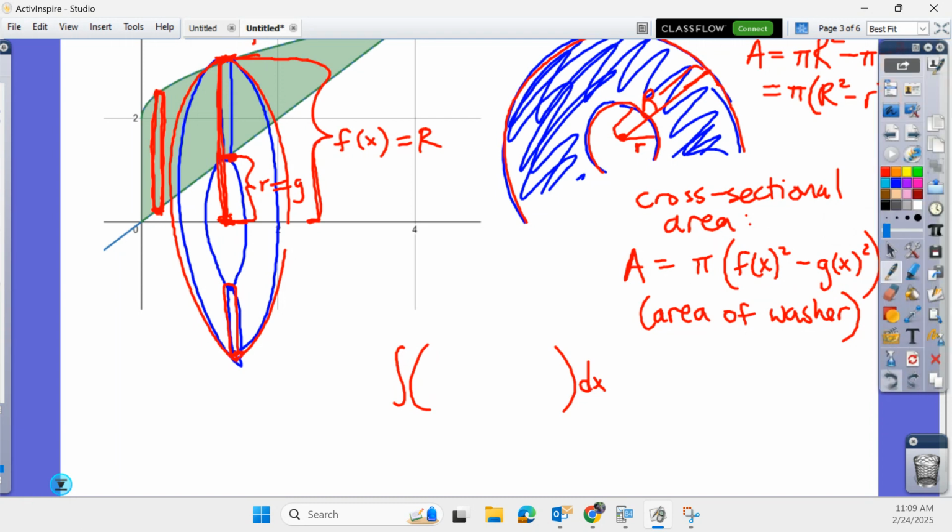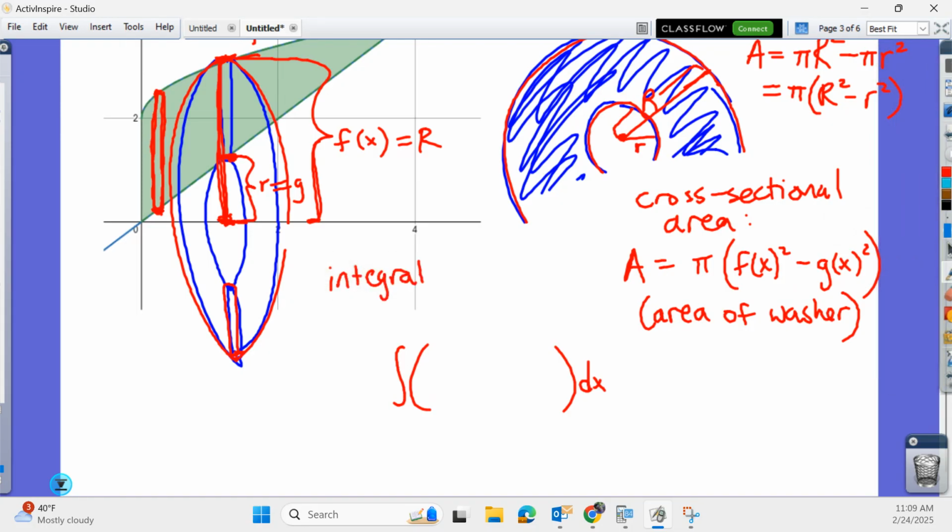In fact, anytime you find a volume with these kinds of problems, that's what we're trying to do, is integrate the cross-sectional area. That's my catchphrase for this unit. I'll say it a million times when I'm doing these problems in class.